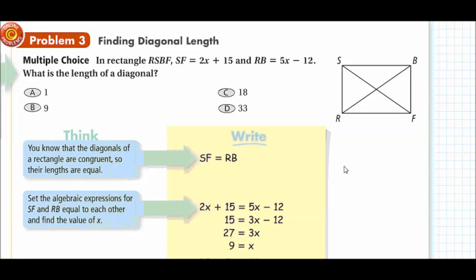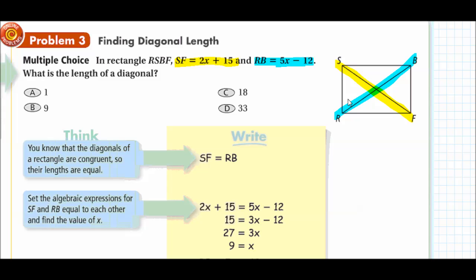In rectangle RSBF, the length of SF equals 2x plus 15. I'll highlight that in yellow so I don't have to write it. And RB is 5x minus 12. Well, it told us it was a rectangle.